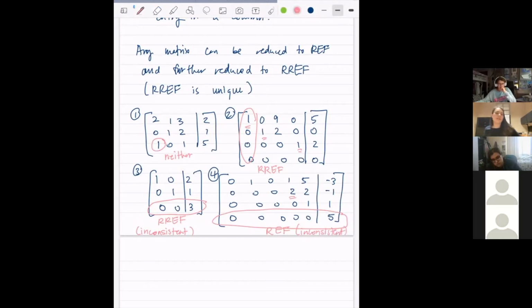Okay, great. So, for reduced row echelon form, you have to have a non-zero as the leading entry, but if 0 is the leading entry, then it's just row echelon. Sorry, I didn't hear the last part. If 0 is a leading entry, then it's reduced echelon form, but if it's non-zero, then it's reduced row echelon.